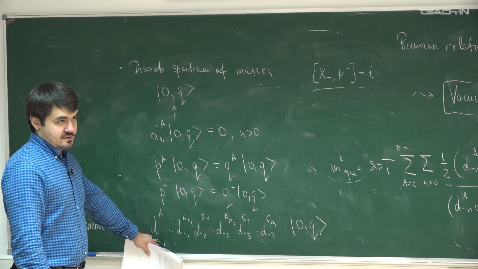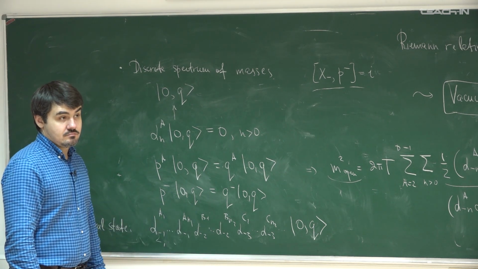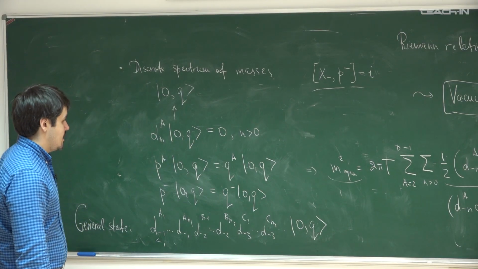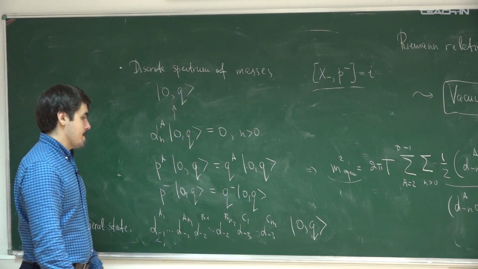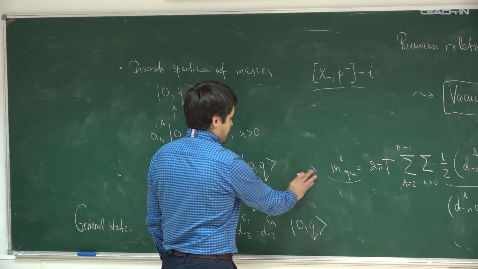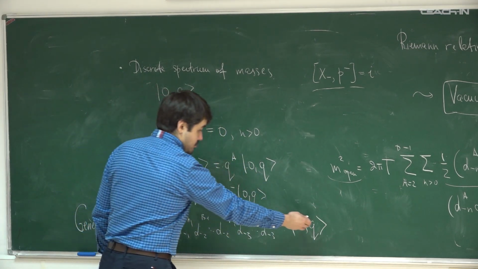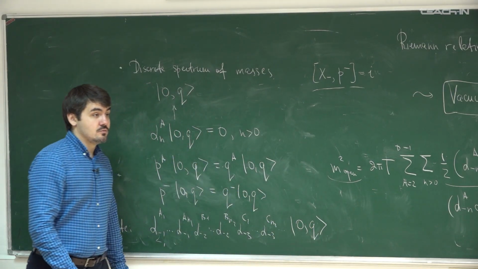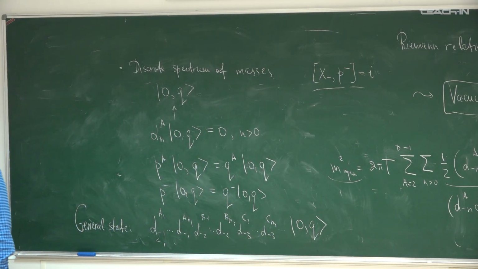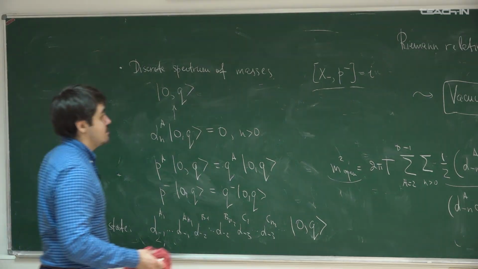So the Hilbert space is the span of such states, and superposition with respect to momentum states. Momentum has a continuous spectrum.